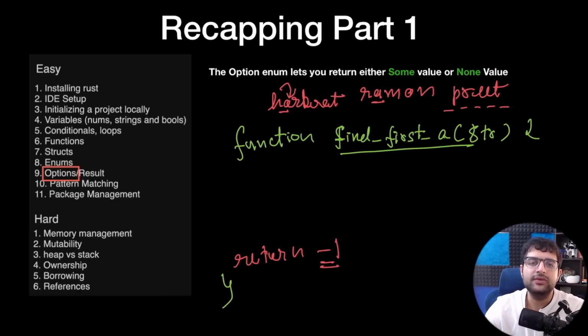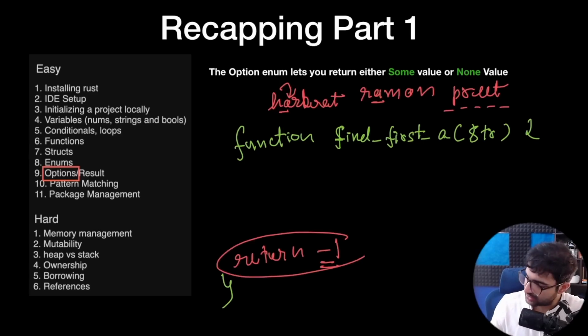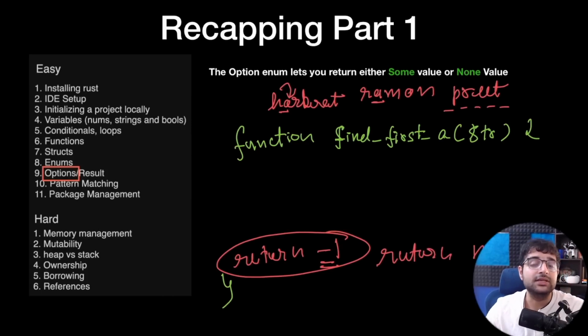If there is a function that is not returning anything, if what you were supposed to find over here, which is the first a in a string, you were not able to find, then rather than returning -1, return something better. You might say, Harkirat, okay, then let's just return null. Hopefully Rust has a null value, but the answer is Rust does not have a null value.